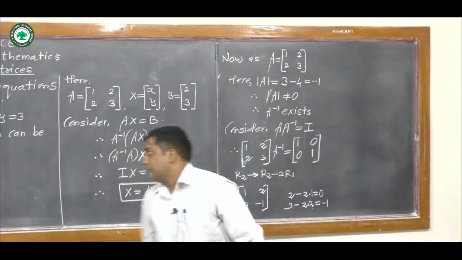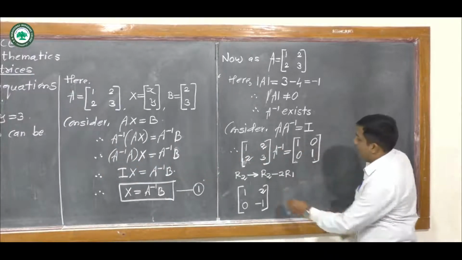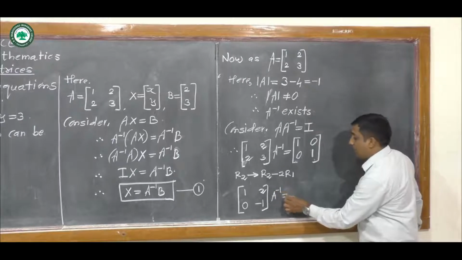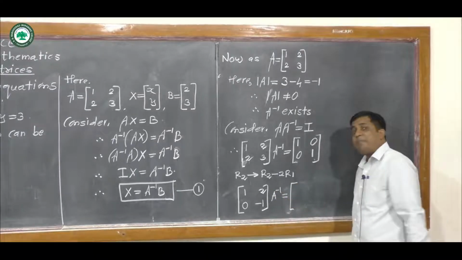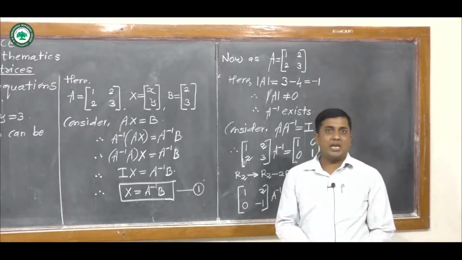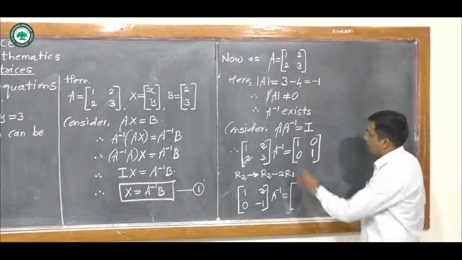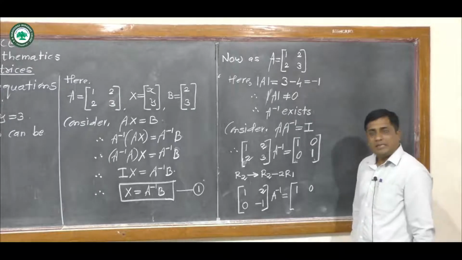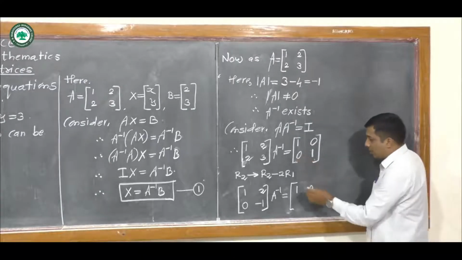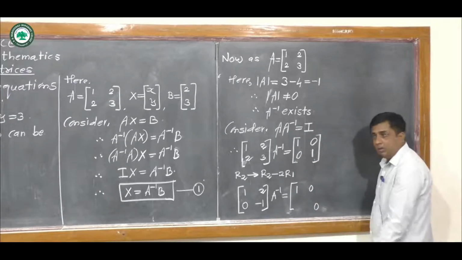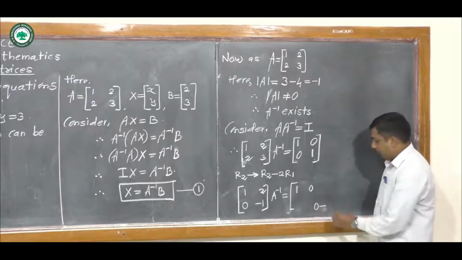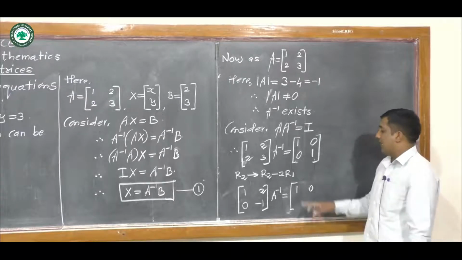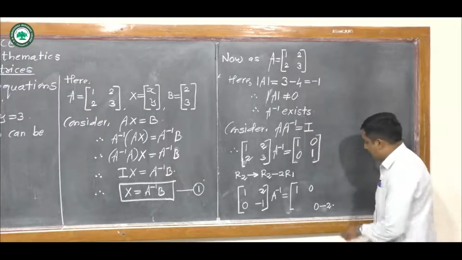Now in the next, A inverse is equal to, we perform the same transformation in RHS. Firstly, we keep first row as it is, that is 1, 0. Then first element from row second is 0, then with minus sign 2 into first element from row first is 1.